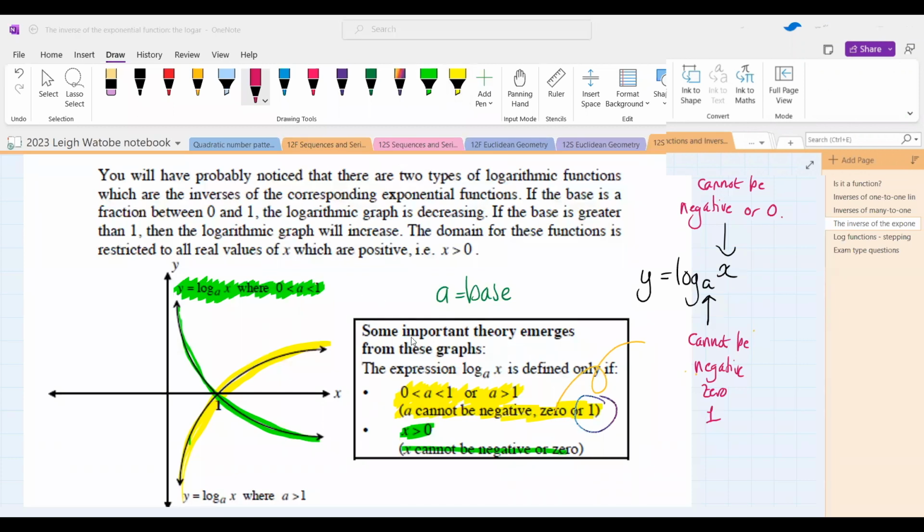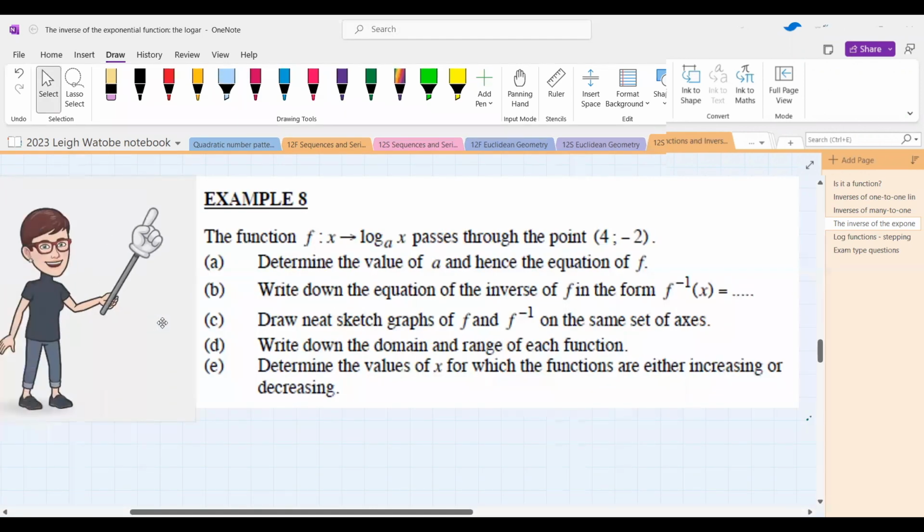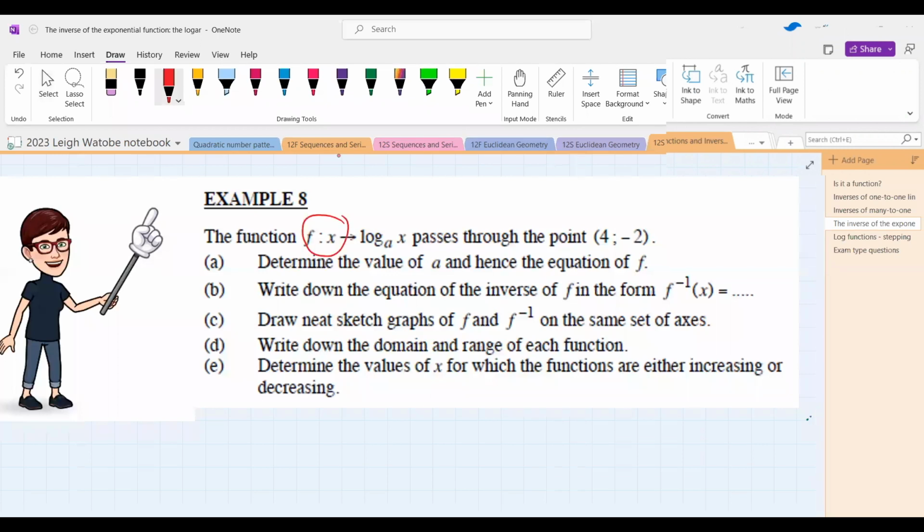Let's have a look at this example. They tell us the function f of x, and that's just another way of writing functional notation. Don't be put off by that. This means exactly the same as y.